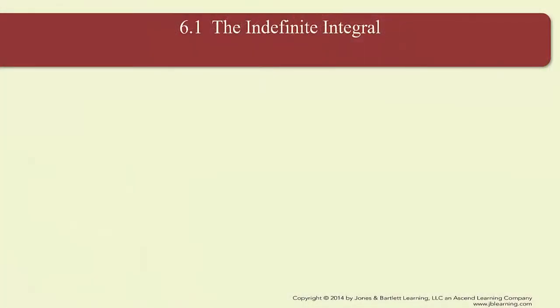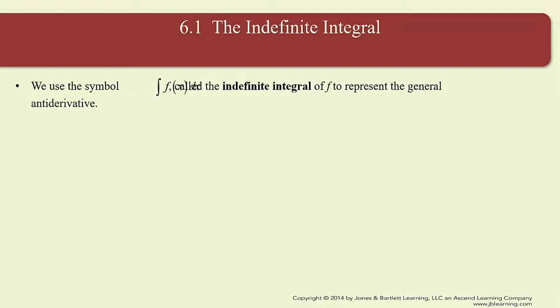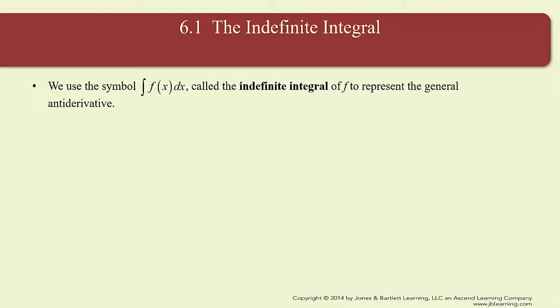All right, after doing that example, and hopefully you worked through number 9 and got the correct answer, it's time to introduce some notation. So first off, we're going to use this funny looking symbol. It looks like an elongated S. It's called the indefinite integral of f, and we use that to represent the general antiderivative.